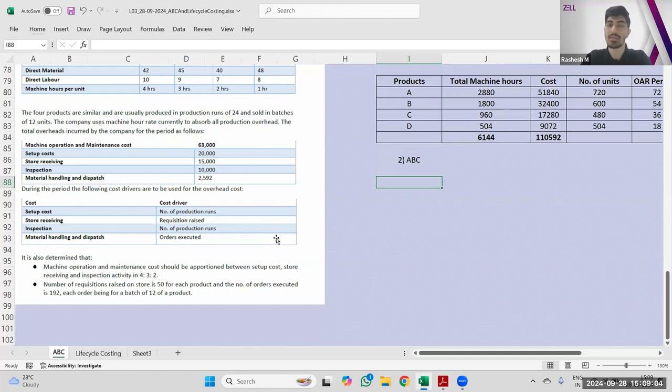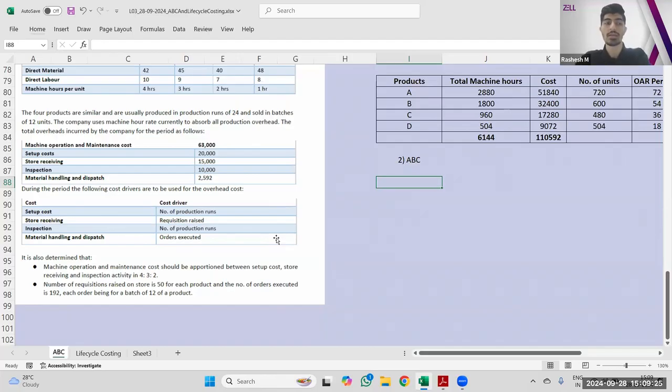So for setup we want to use number of production runs. For store receiving we want to use the requisitions raised. For inspection we want to use number of production runs again. And for material handling and dispatch we want to use orders executed. So they've given us what the cost pools and cost drivers are.